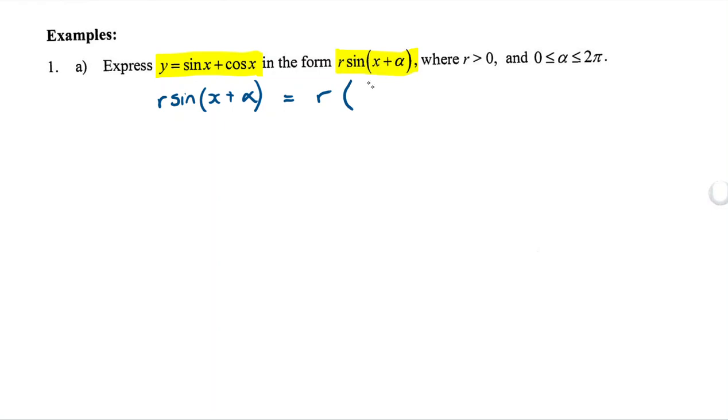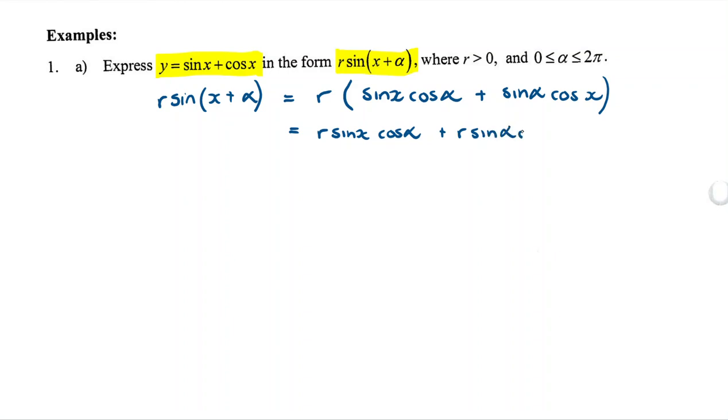So let's leave the r there. Sine x cos alpha, yes? Yeah, good. So that is a compound angle expansion that's on your formula sheet. Let's expand the r through as well now. So r sine x cos alpha plus r sine alpha cos x.